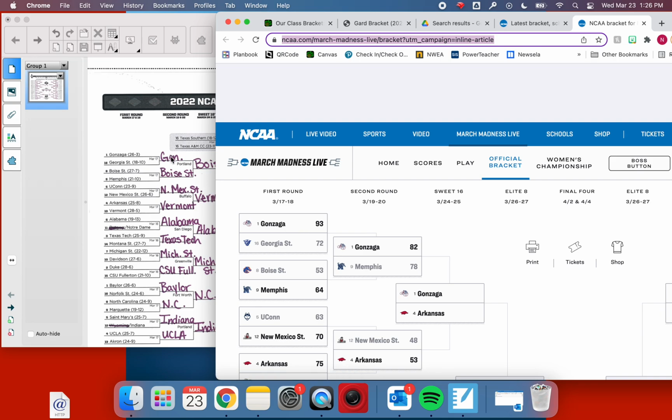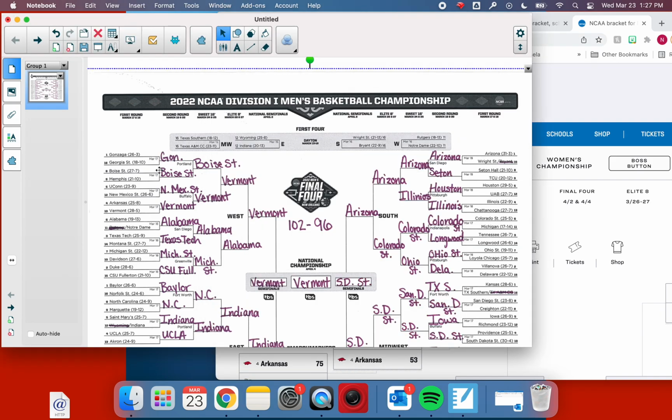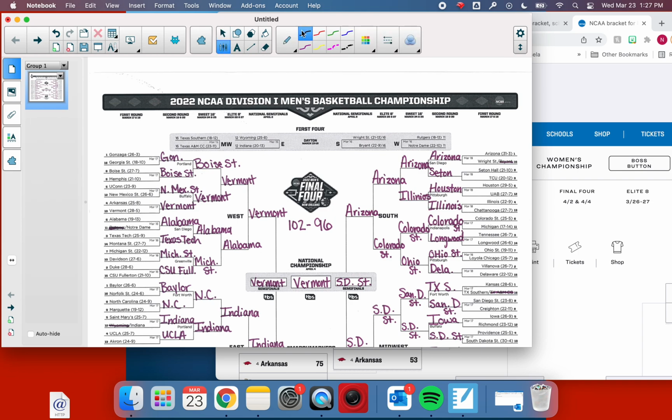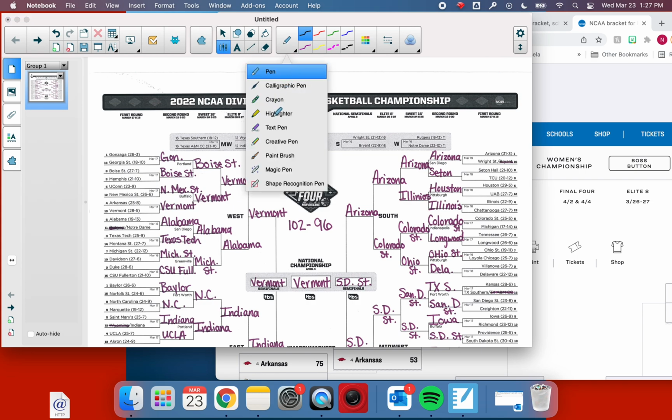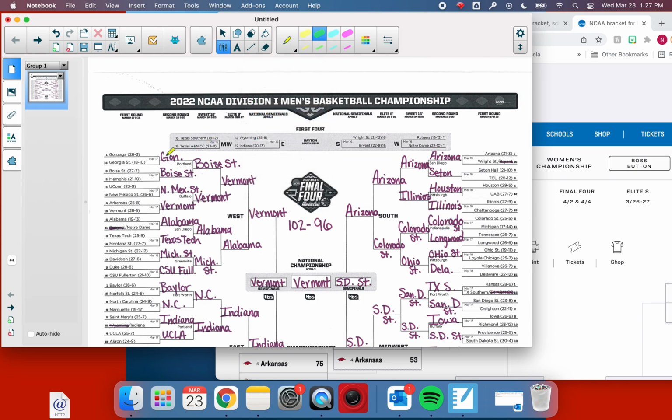If you look back at our bracket, we had that Gonzaga would win the first game as well. So that would give us 1 point. If I were keeping track on here, I might even use a highlighter. I'm going to highlight green for my winners, and I would know that would give me a point. If you want to take a pen and write +1 here, we can do that. It's kind of hard on here, but that would give us 1 point, okay?